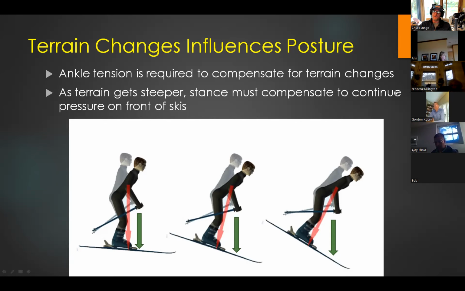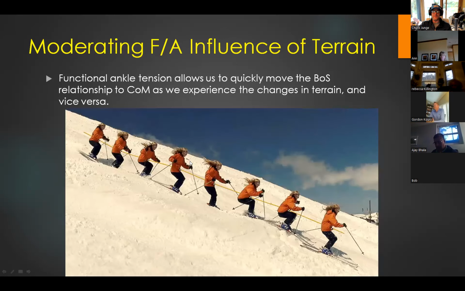It kind of goes back to that girl back here. There are times where she's extended, and I wouldn't necessarily say her center of mass is over her base of support, except from a gravitational standpoint, where you drew a line straight down. Yeah, then it's kind of over the two tips of her skis.